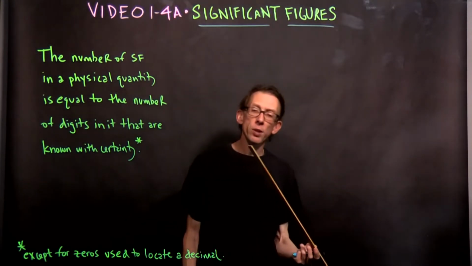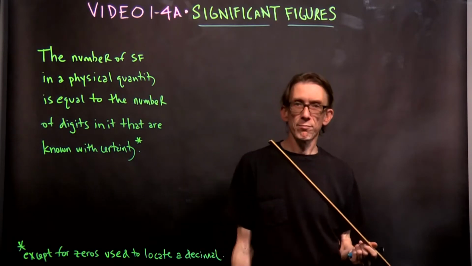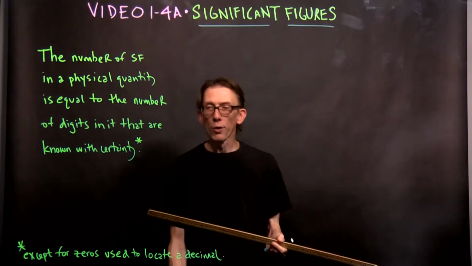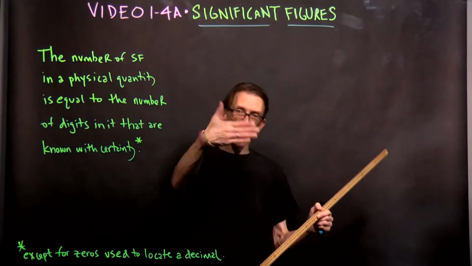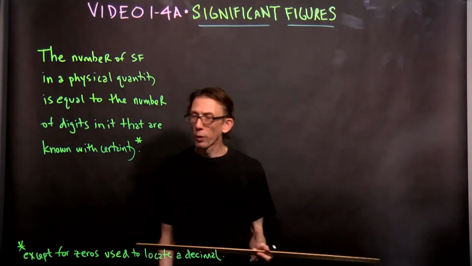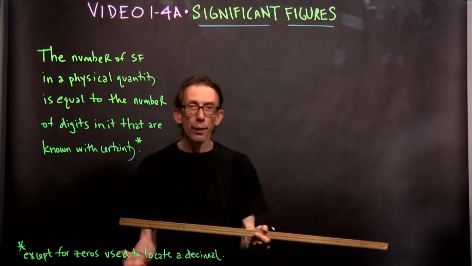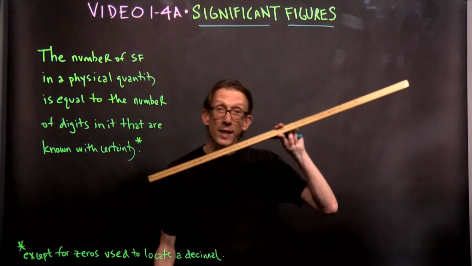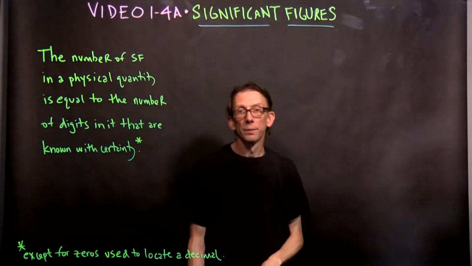Okay, suppose that I decided one day to measure the width of this board. I'm behind a glass board here, if you hadn't figured that out yet. And I had to use this meter stick to do it.